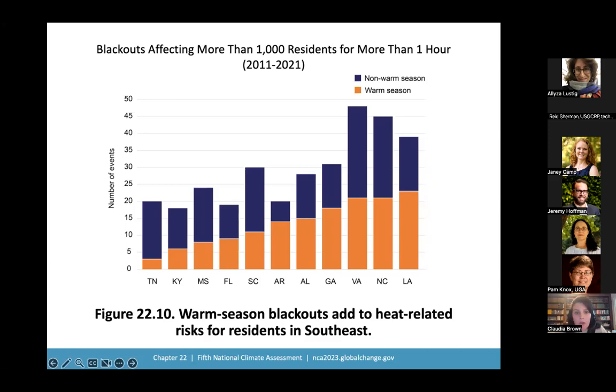This chart is showing reported major blackout events, which are defined as electrical grid failures affecting more than 1,000 residents for more than 1 hour. And this is looking at data from 2011 to 2021. The orange indicates blackouts that occurred during the warm season, which is May through September, and the blue is the non-warm season, which is October to April. Next slide.